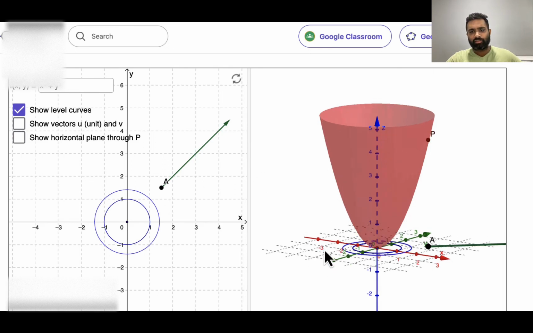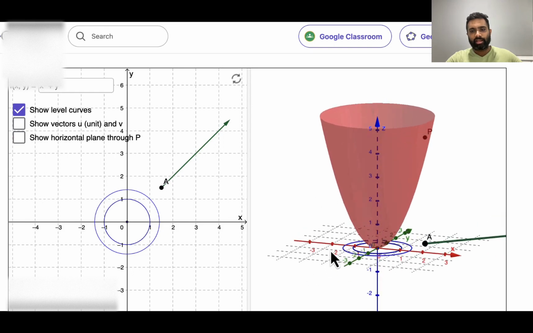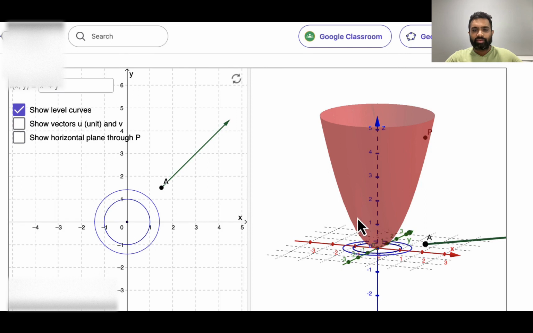Here if you see it in 3D, the function is looking like this, and it is slowly increasing. The contours are made in such a way that you slice this particular function, and whatever points you obtain, you project them on the xy plane, so that will form a contour at a certain value.